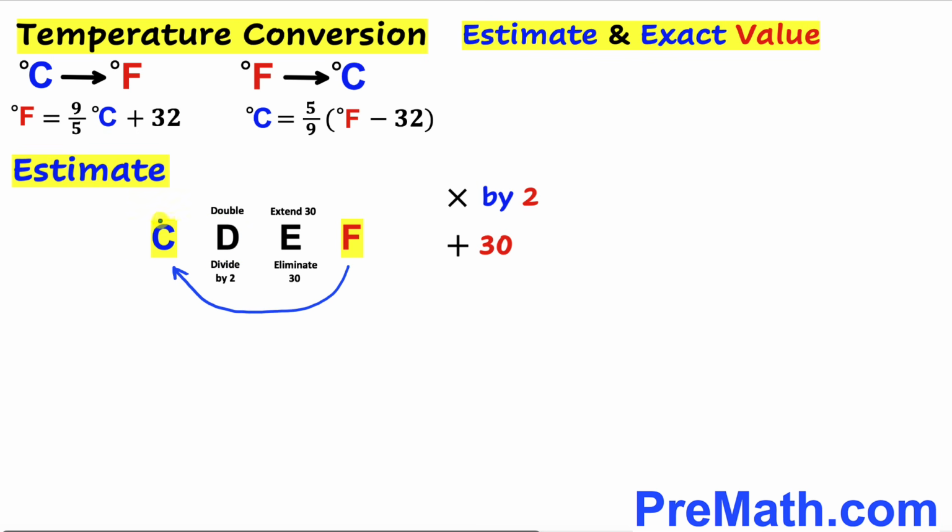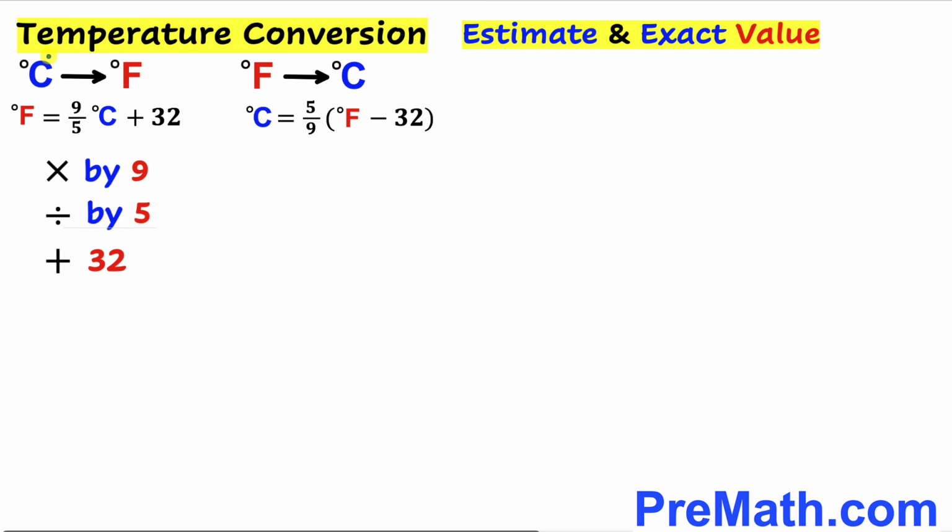And then we are going to get our degree Celsius value. In other words, going from Fahrenheit to degrees Celsius, we are going to subtract 30, as you can see over here. And then we are going to divide this one by 2, as you can see over here.